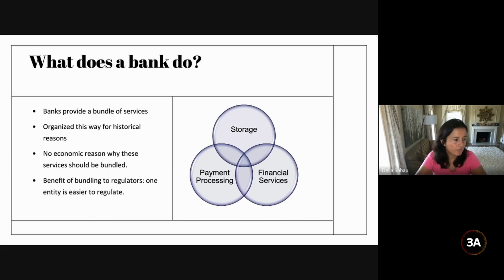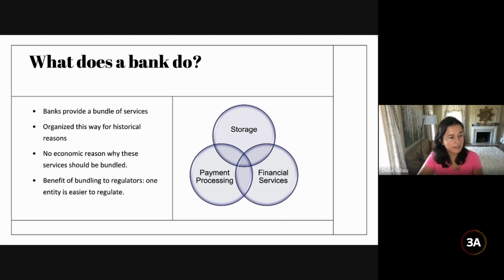And once they have your money, they know quite a lot about you. They know your income, how much money is actually coming into the bank account. They know your balances and so forth. So banks typically also offer a whole suite of financial services now that those things have been bundled. The fact that they are bundled and there is such a thing as a bank makes life much easier for regulators.